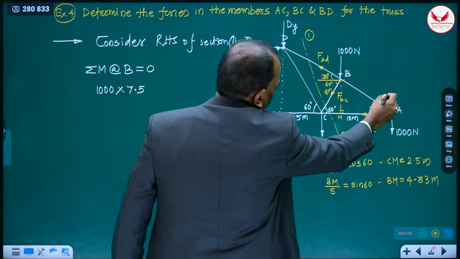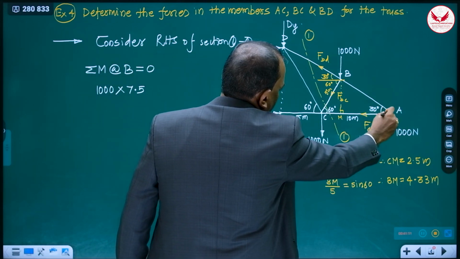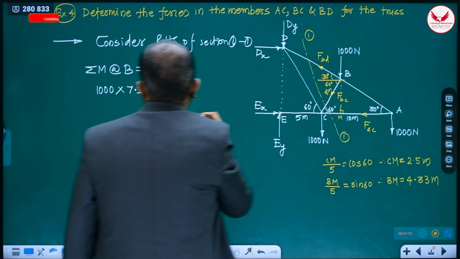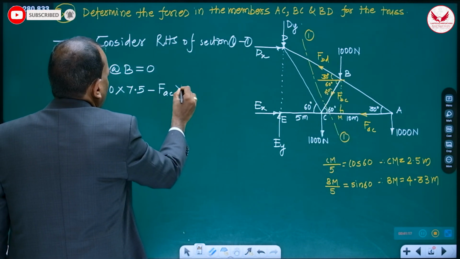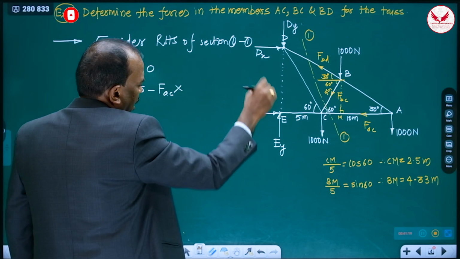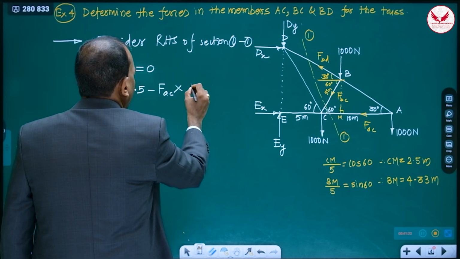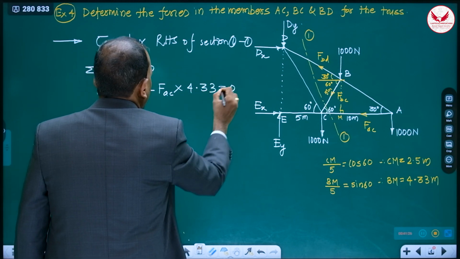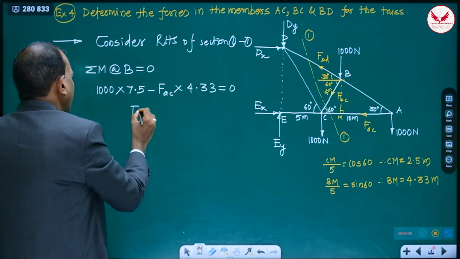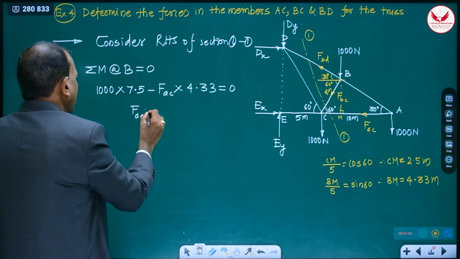So this is the moment of this 1000, and the moment of this FAC is going to be anti-clockwise, minus FAC into 4.33, that BM distance which we have calculated. It is equal to 0, and we'll get this positive answer, means this member is tensile.